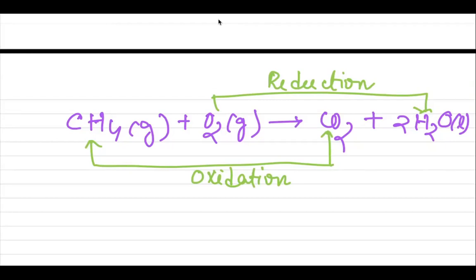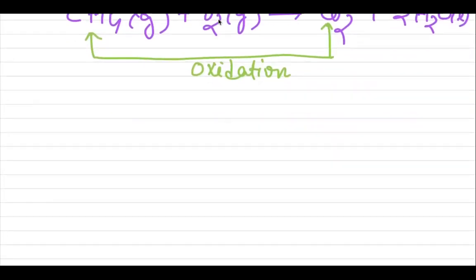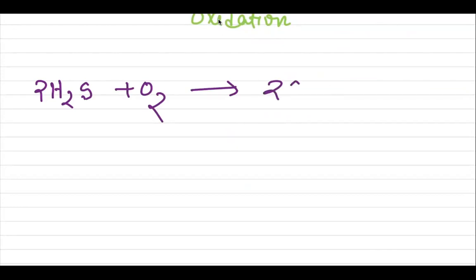Okay. Now, if I give you one more reaction, you'll do it by yourself and tell me the answer. When 2H2S reacts with oxygen, it forms 2 sulfur plus 2H2O.